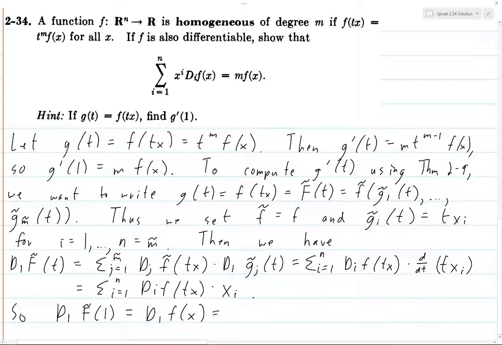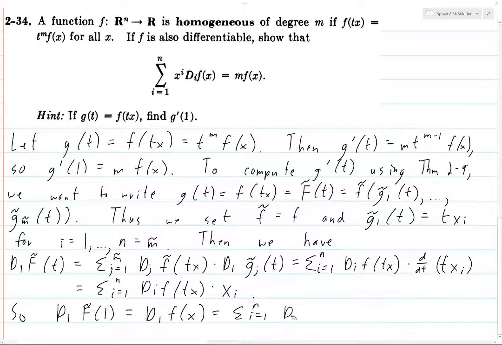And so then this is the sum from i equals 1 to n.